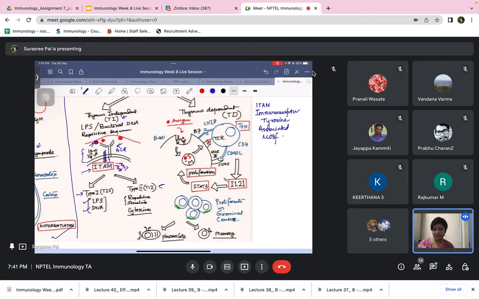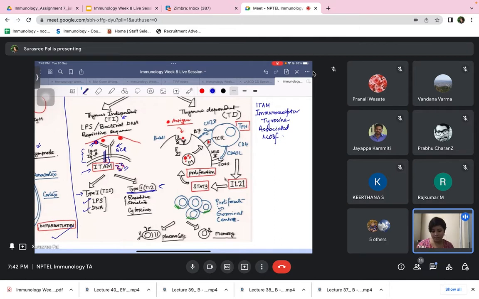Whereas in case of type 2, there is involvement of T cells, not by direct interaction with the B cell receptor, but by the help of the cytokines which are produced by the T cells. So there is no direct involvement of the T cells, but the help of the cytokines is taken.